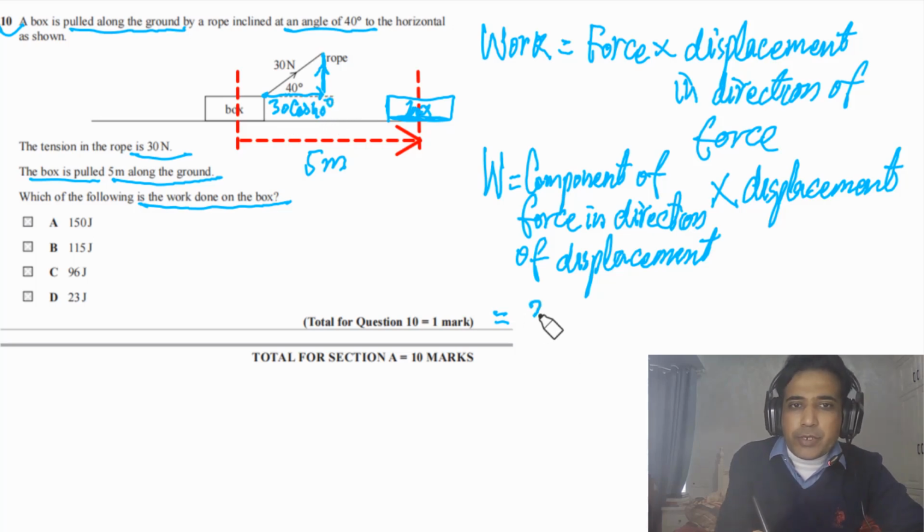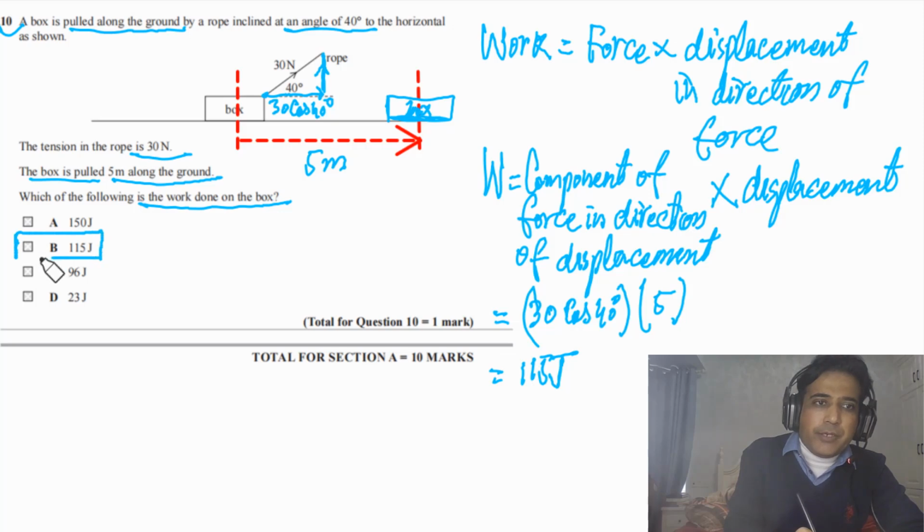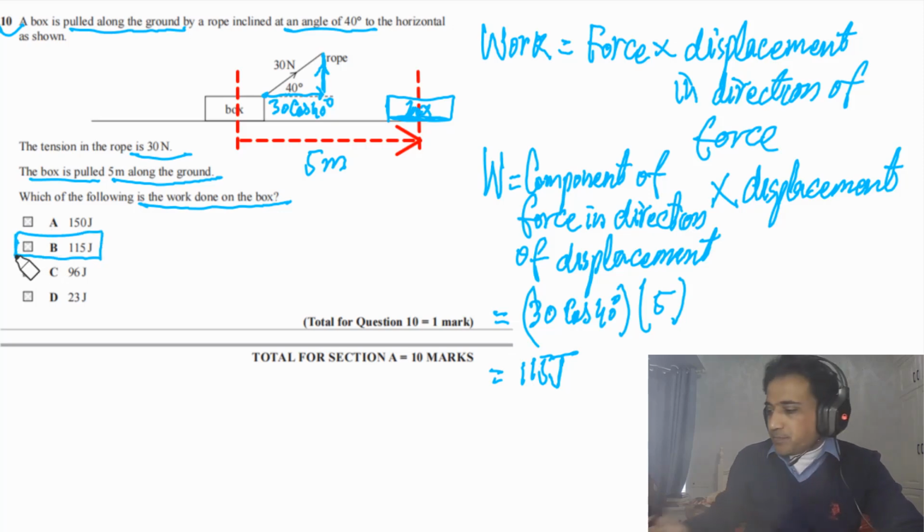So we can write 30 cosine of 40 degrees multiplied by the displacement. Displacement is 5 meters. So if we solve this one, our final answer will be about 115 joules. So the answer for this question is B.